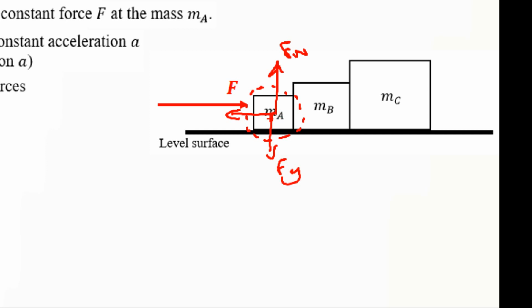Because MA sees the block MB to be a support, and MB will exert a force on MA similar to the normal push, but in this case we name this force the force FB exerted on A.